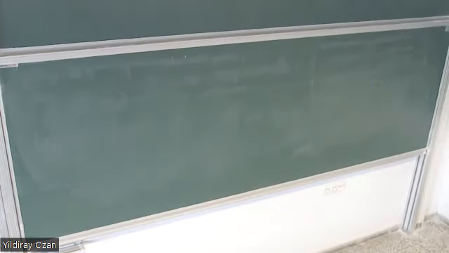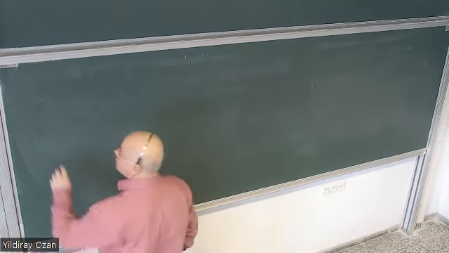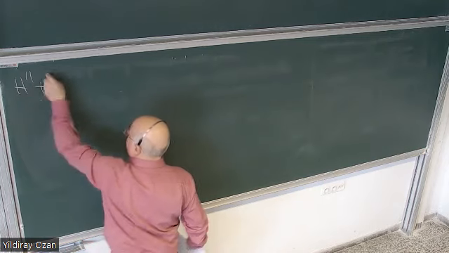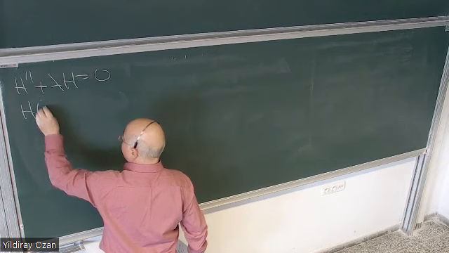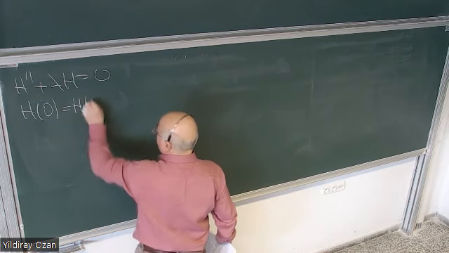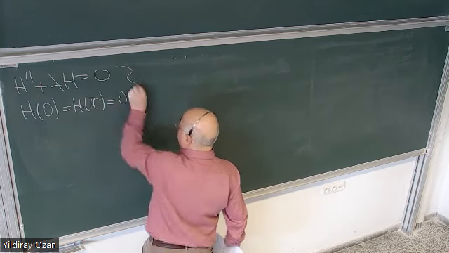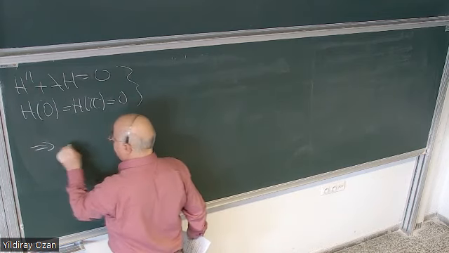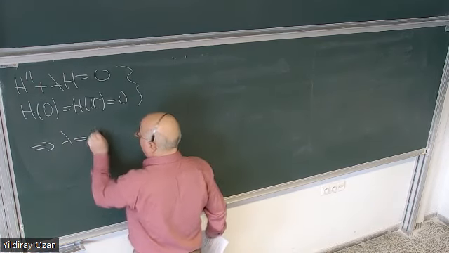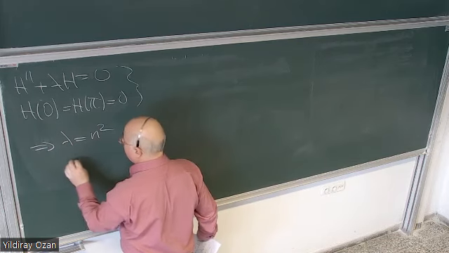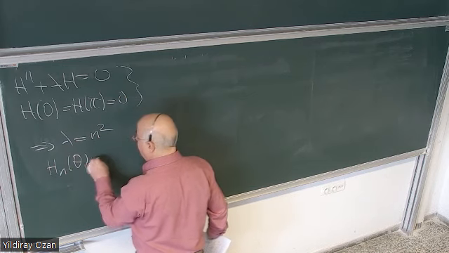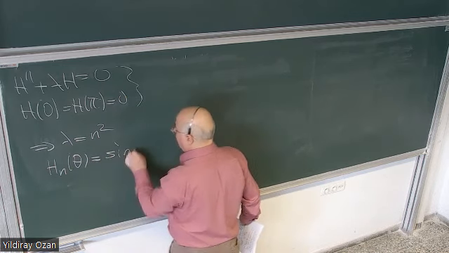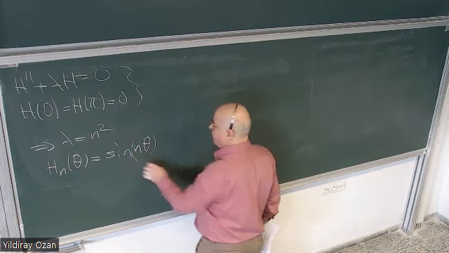Okay, so let me rewrite what we have obtained. This, together with the boundary conditions, is a boundary value problem, and it gave us that lambda should be n squared, and for each lambda I have a solution Hn theta, and that is just sine n times theta.